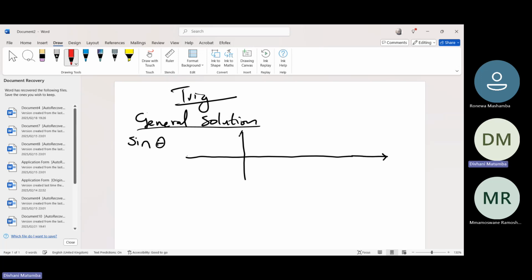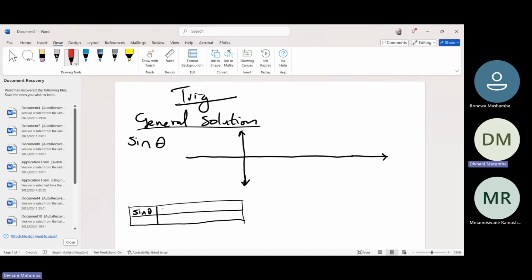I'm going to use the following values. So the sine theta, okay, fine. Do you guys have calculators with you?